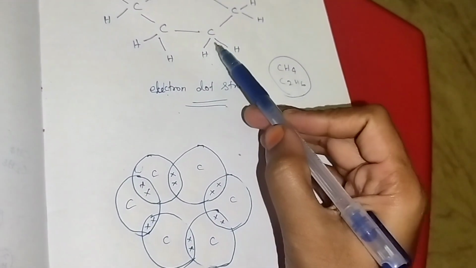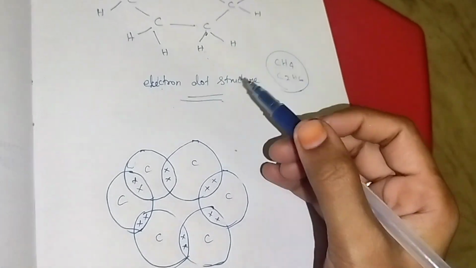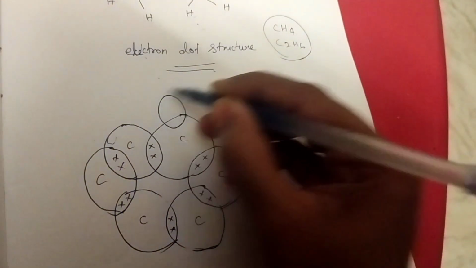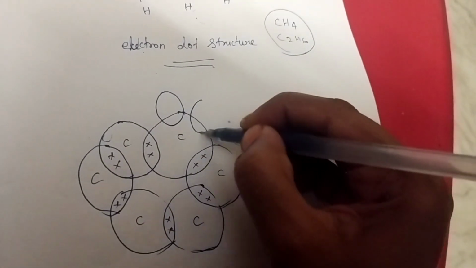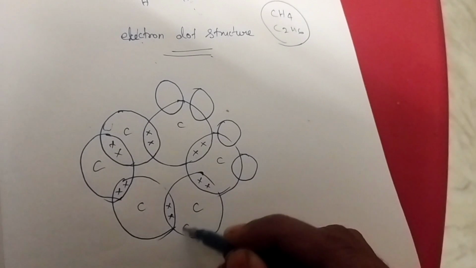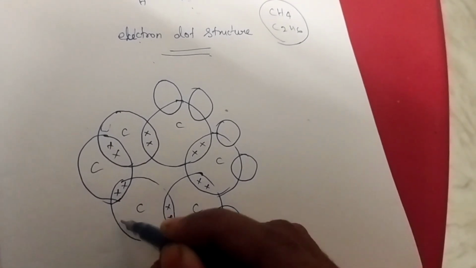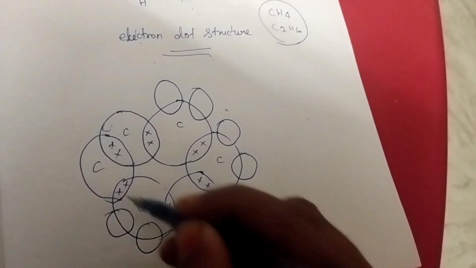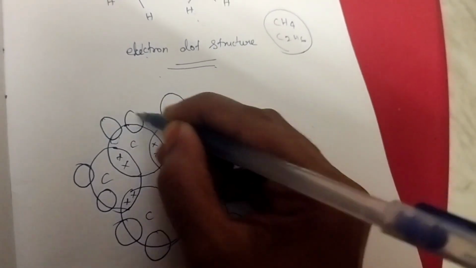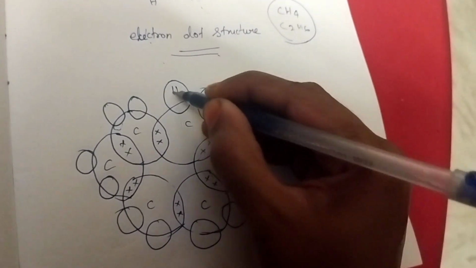So here one carbon is attached to 2 hydrogens. You have to write 2 hydrogens here: one hydrogen, another hydrogen. Each carbon atom is sharing electrons with two hydrogens.